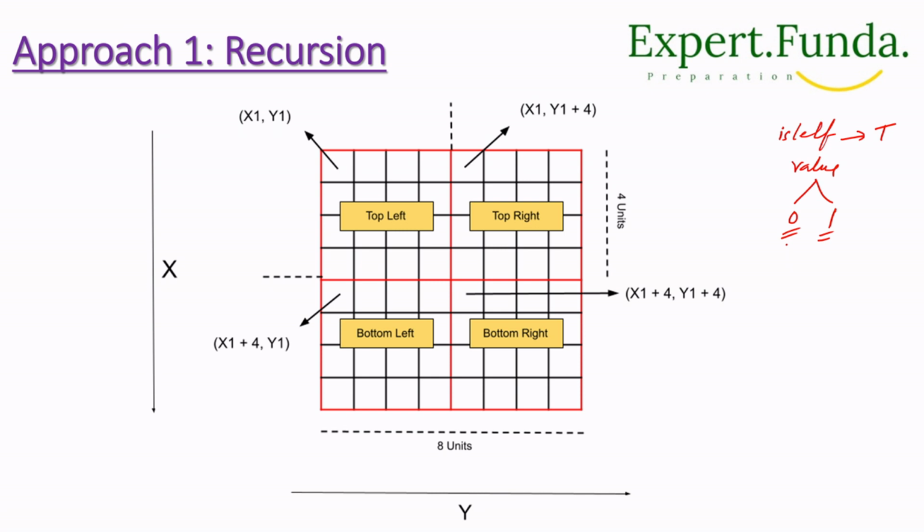Now if this is not the case, if it's different, mixed with 0 and 1, then it's not a leaf node. So isLeaf should now be false, and the value will not matter.